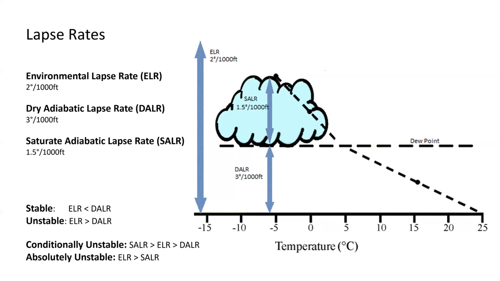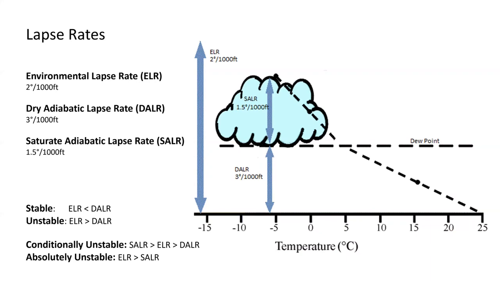Conditionally unstable. Okay, so you've got your environmental lapse rate. It's bigger than your DALR, but smaller than your saturated adiabatic lapse rate. What that means is that as soon as your packet of air reaches the cloud, it's going to hit the saturated adiabatic lapse rate and just die out.